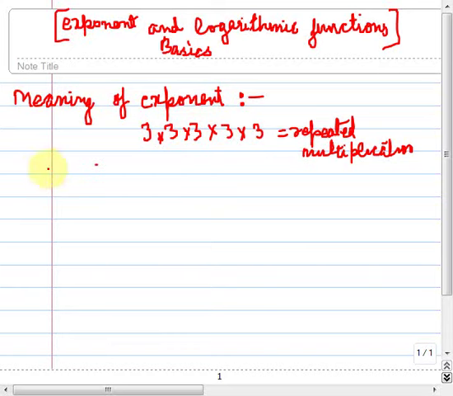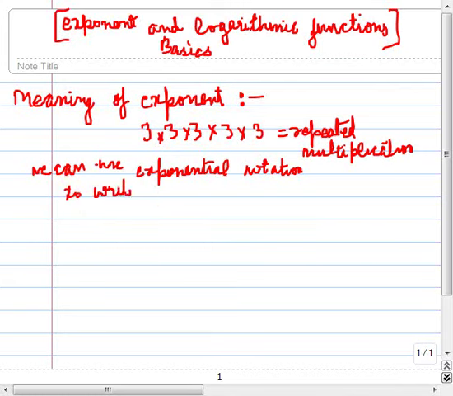We can use exponential notation to write this product in compact form.